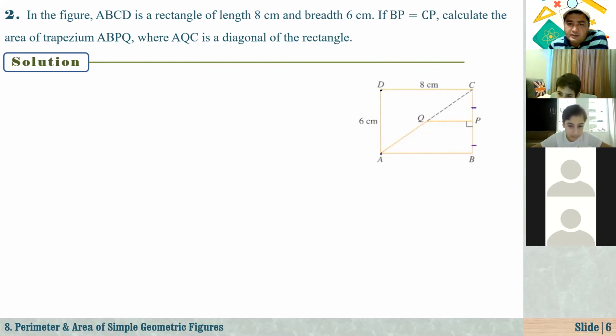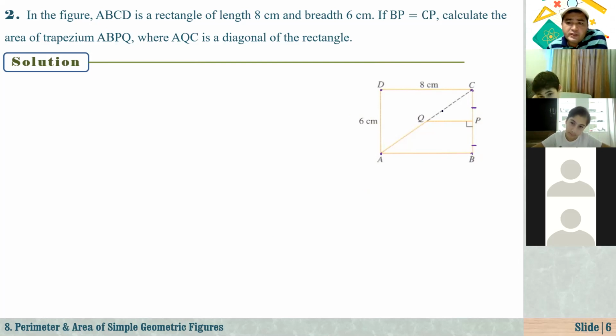So A, D, C, and B are the vertices. How about AD? These are adjacent vertices because they are sharing the same side. A and B, adjacent vertices. B and C, adjacent. How about A and C? They are non-adjacent vertices because they are not sharing any side. So if you join any two non-adjacent vertices, they give us a diagonal.